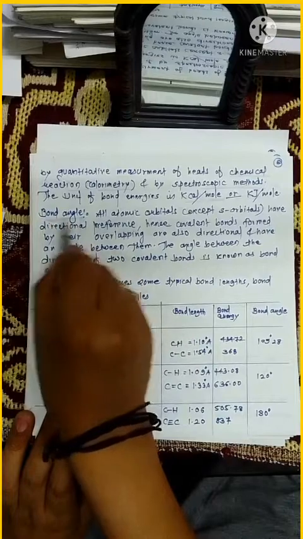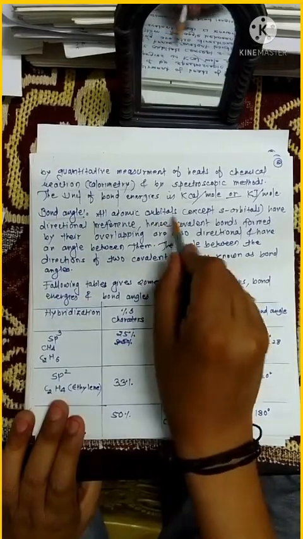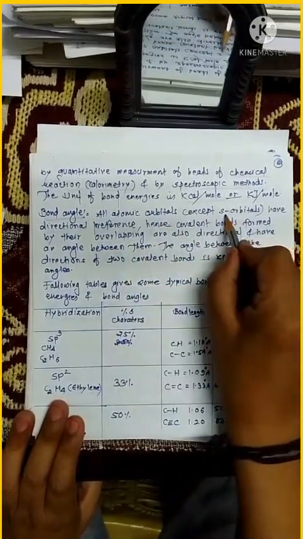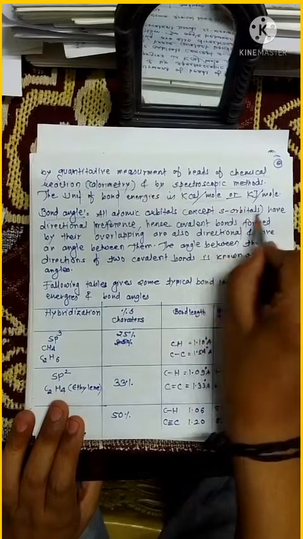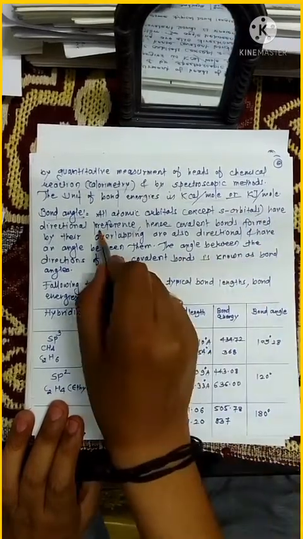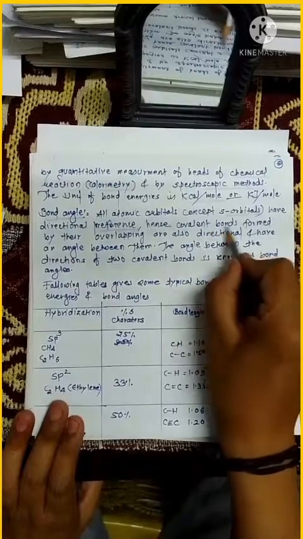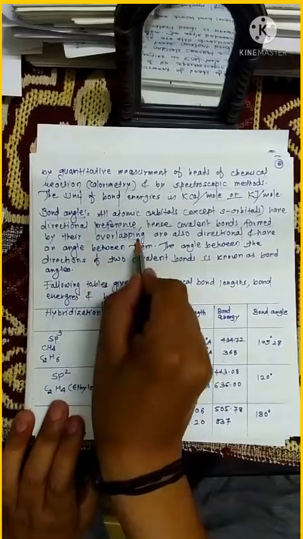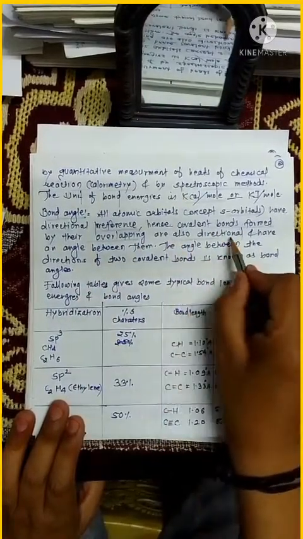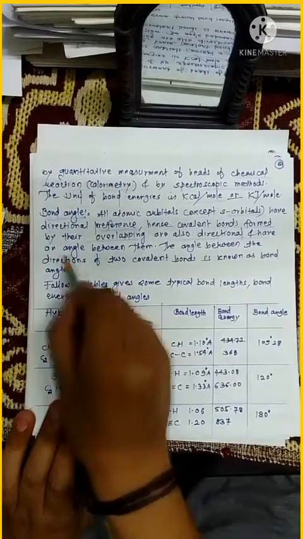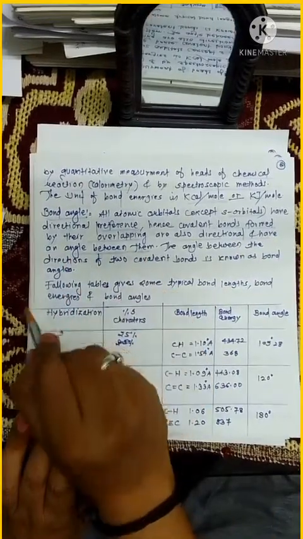Now what is meant by bond angle? All atomic orbitals except s orbitals have directional preference. Hence covalent bonds formed by their overlapping are also directional and have an angle between them.